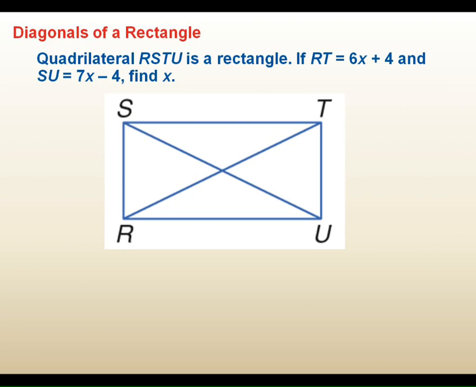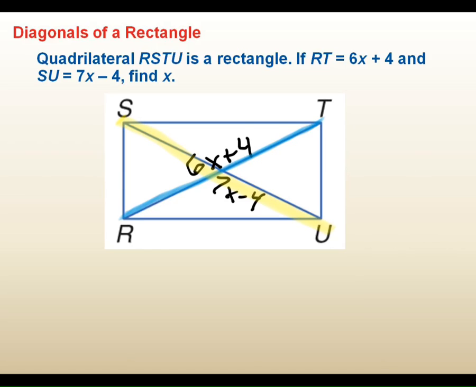All right, so here, if I have this quadrilateral RSTU, and I give you RT is 6x plus 4, and SU is 7x minus 4. Find what x is. So I gave you that diagonal and that diagonal.